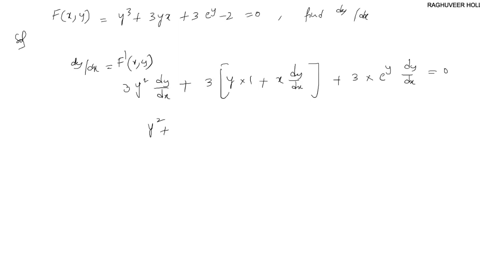Okay, so let us take dy by dx common, so we get y square plus here 3 can be removed, y squared plus x plus e to the power of y multiplied dy by dx, which is equal to minus y.